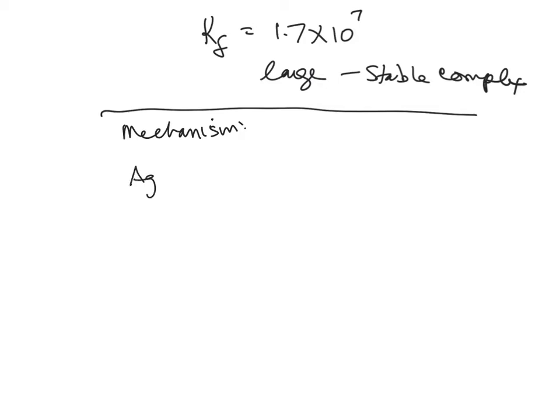We start with the silver ion. I think I'll leave off the aqueous here just to keep it simple, but you do want to put it in. Silver plus the first NH3 is in equilibrium with the Ag NH3 complex ion, which is aqueous.